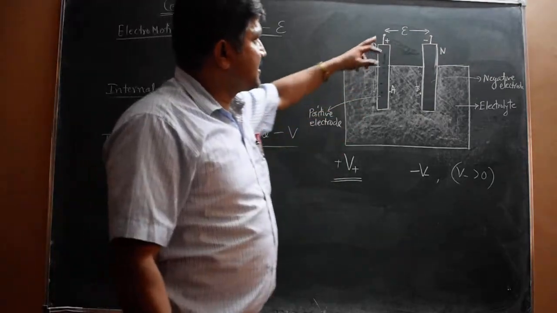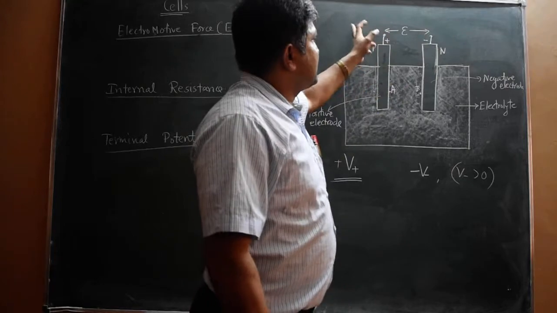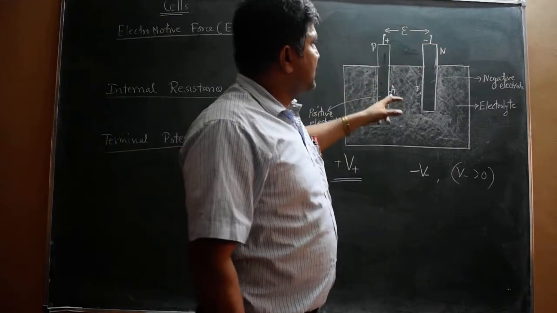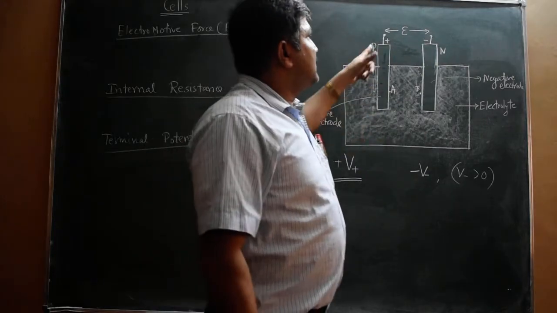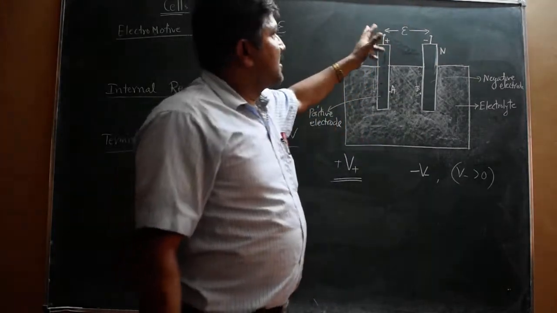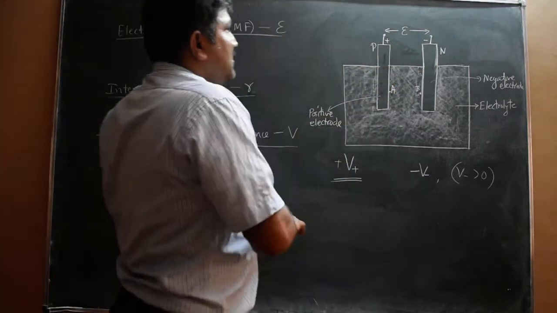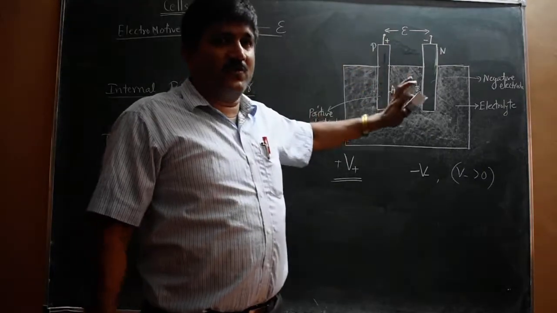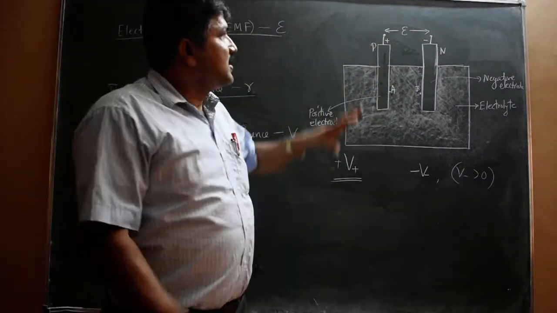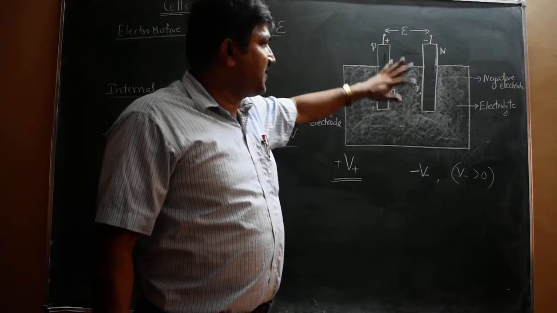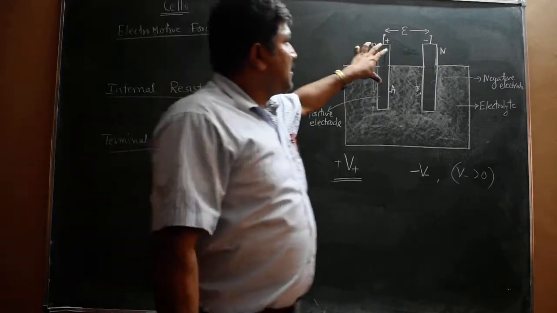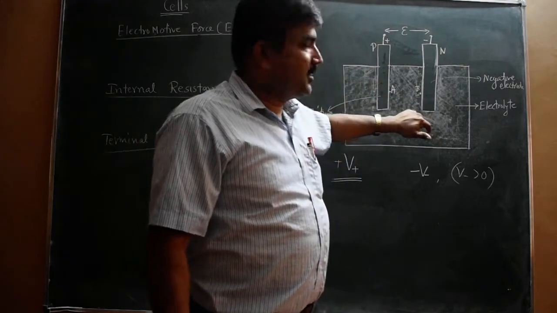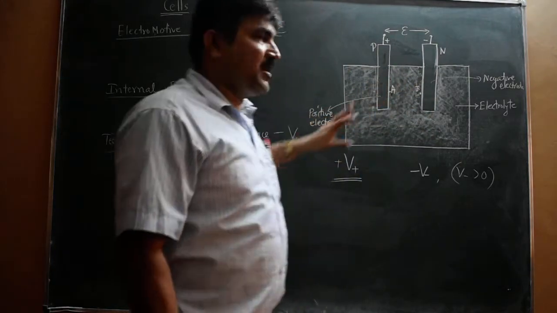So whenever the circuit is closed, that means when we connect some external resistor or external component in a circuit, then charges start flowing, and in the external circuit, remember, only the electrons flow. That is the conducting path. Whenever the electrons flow, or when a current is set up in the circuit with the help of this cell, there will be opposition to the flow of charges within the electrolyte. So the electrolyte also produces certain opposition.